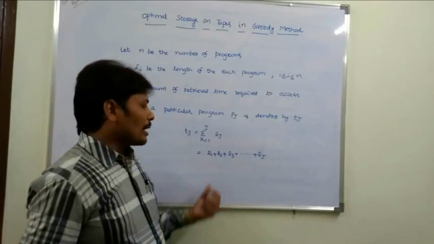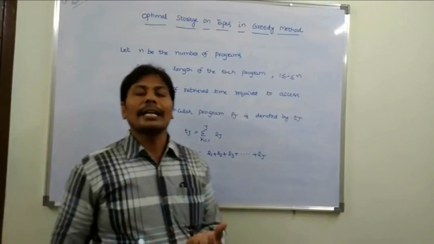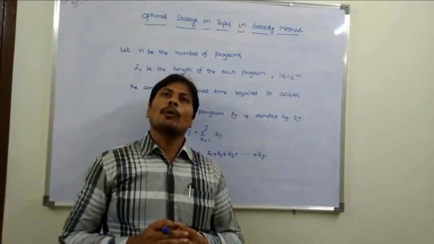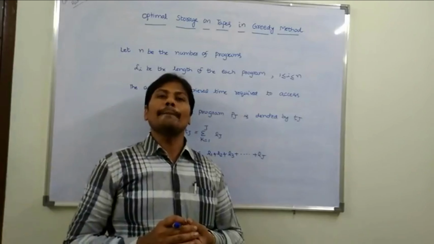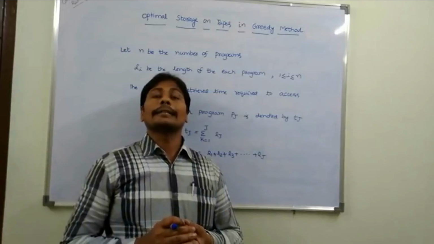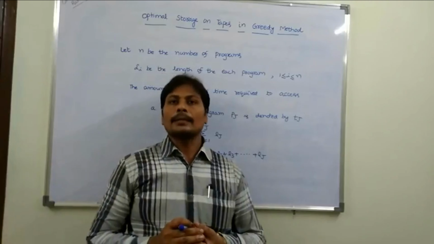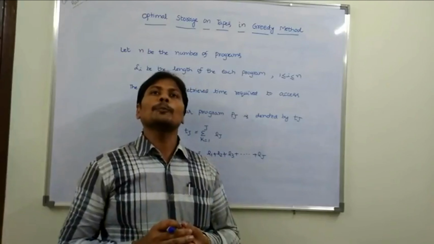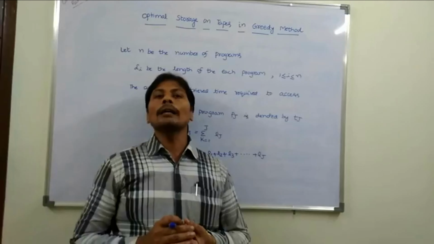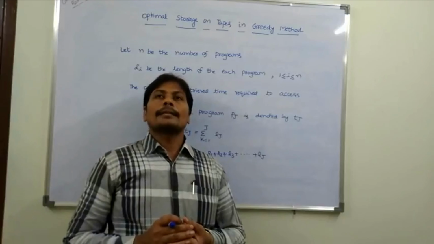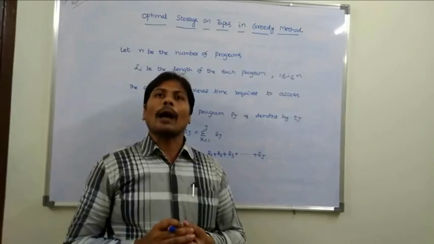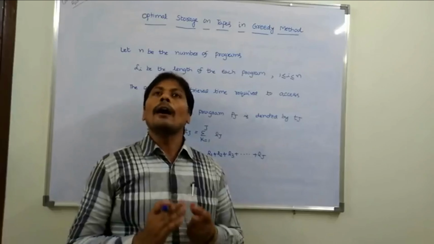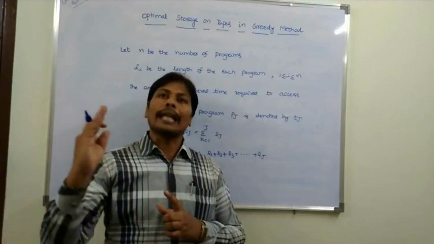This can be explained with one example. Suppose we take a CD player. In this CD player there are 10 songs. Suppose we want to play the ninth song. Then the CD player has to access it from the first song to the ninth song.